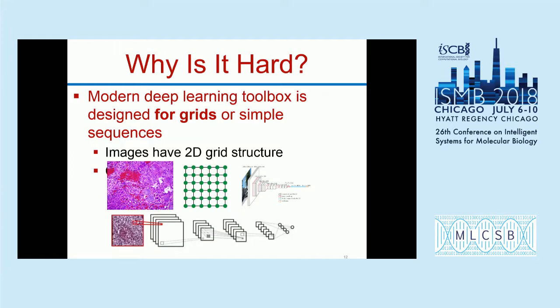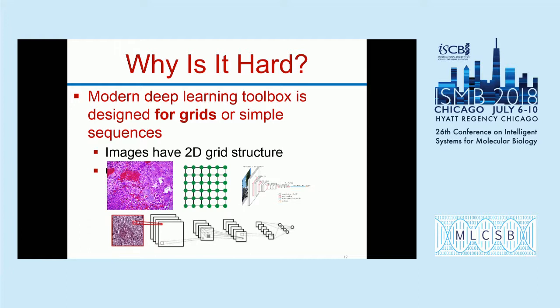So what are graph neural networks and how are they different from other types of neural networks? There have been lots of discussions and talks in the last few days where people have mentioned deep neural networks, in particular CNN models and recurrent neural networks. In fact, modern deep learning toolboxes are primarily designed for grids or simple sequences. What do I mean by that?